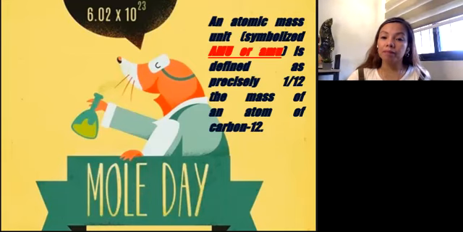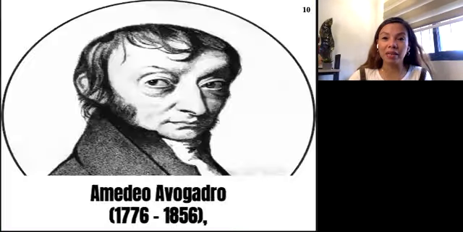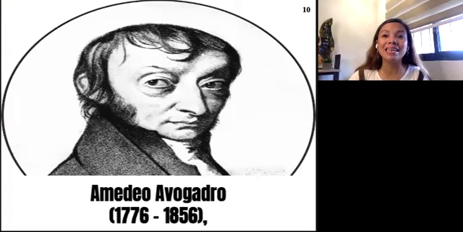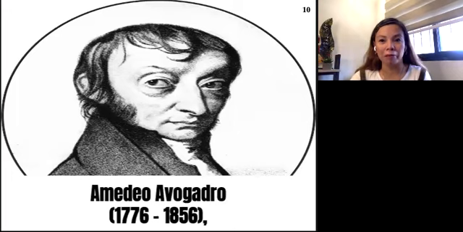So please take note, where did we get this? This was studied by Amadeo Avogadro, the value of 6.02 times 10 to the 23rd. It was not just fixed, it was measured, okay, using the Millikan oil drop experiment.